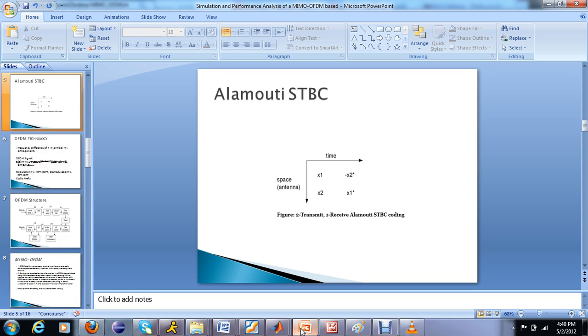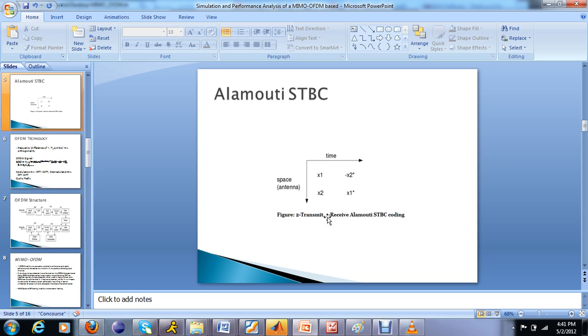So here in my project I have used Alamouti space-time block coding. Alamouti space-time block coding determines how the data in a MIMO system is transmitted across space and time. In Alamouti, what we do is, in the first time slot, the first antenna transmits x1 and the second antenna transmits minus x2 conjugate, and in the second time slot the first antenna transmits x2 and the second antenna transmits x1 conjugate.